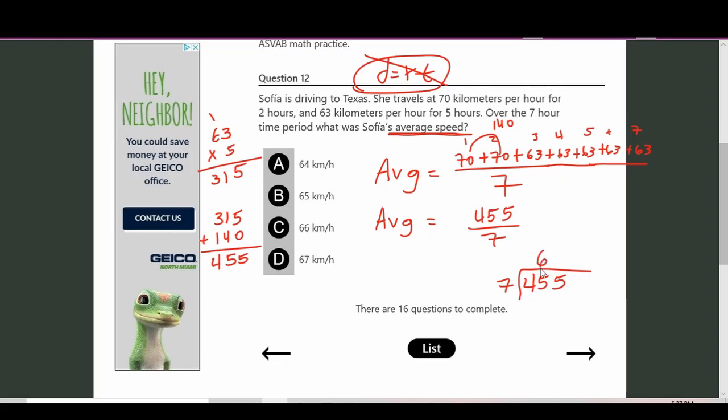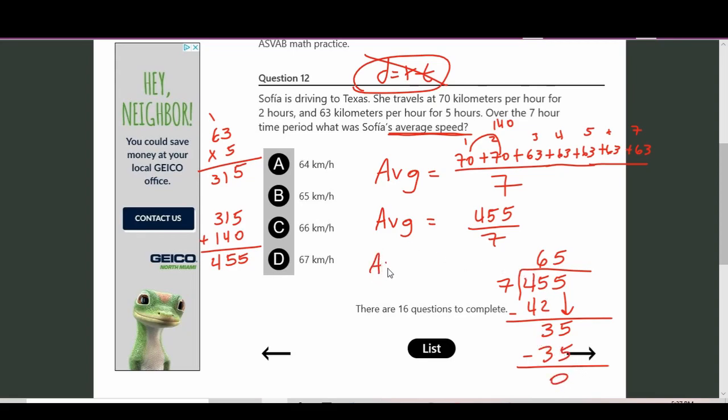It's going to be 6 times, because 7 times 6 is 42. 45 minus 42 is 3. Drop down this 5. How many times does 7 go into 35? Well, 7 times 5 is 35. So there's going to be no remainder.